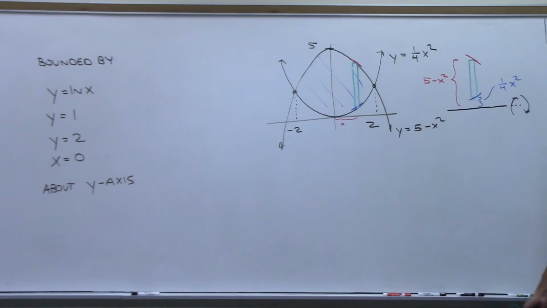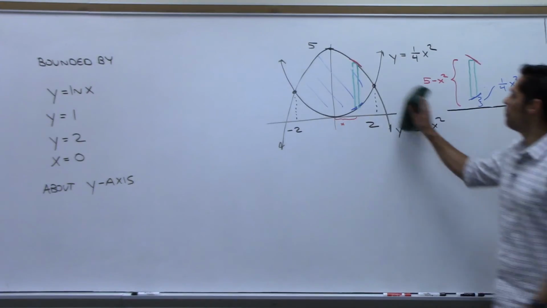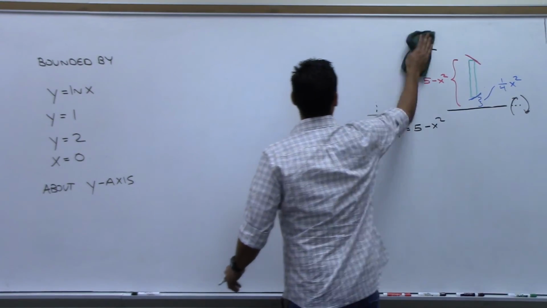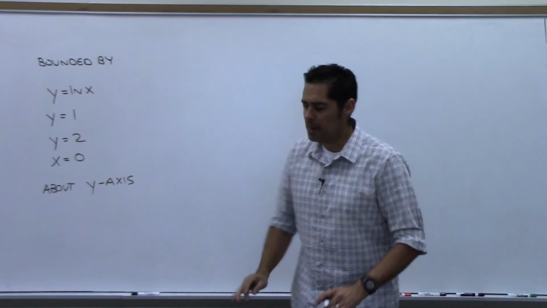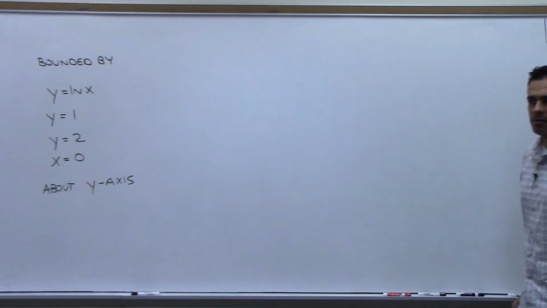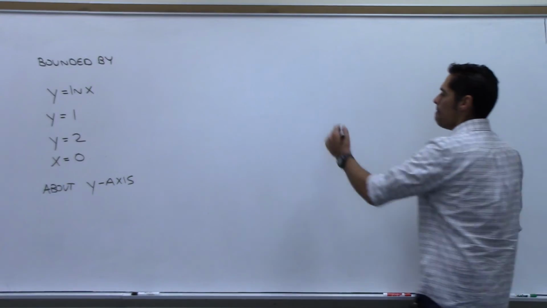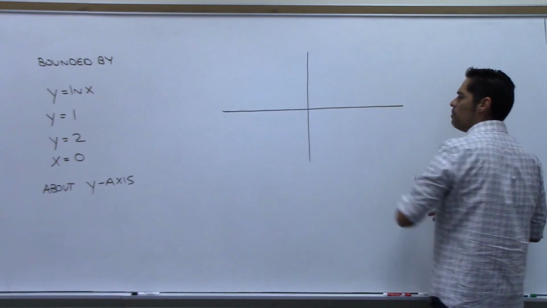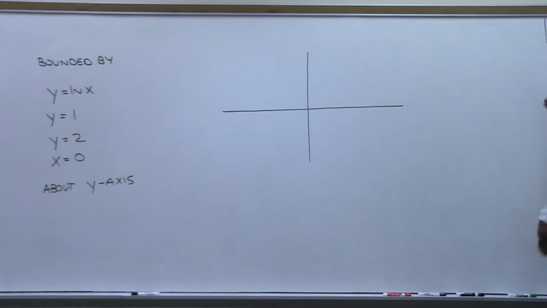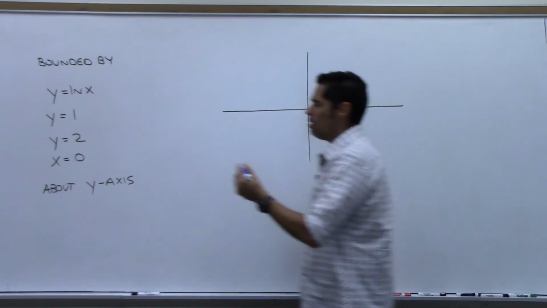Let's start with a picture, all right? You must be able to generate a good picture, right? Or else things are going to go bad for you quick. I'm going to use some colored markers here. Let's start with y is the natural log of x.